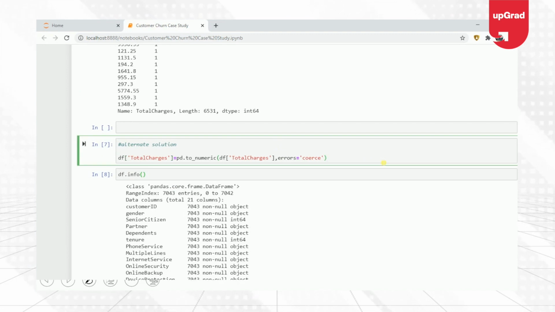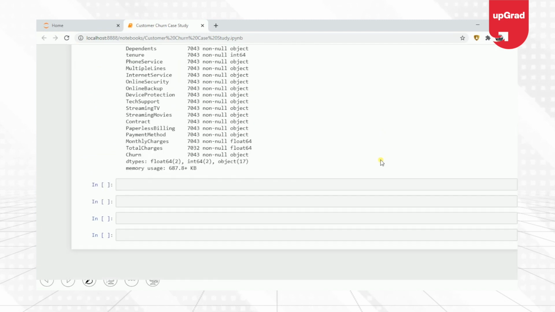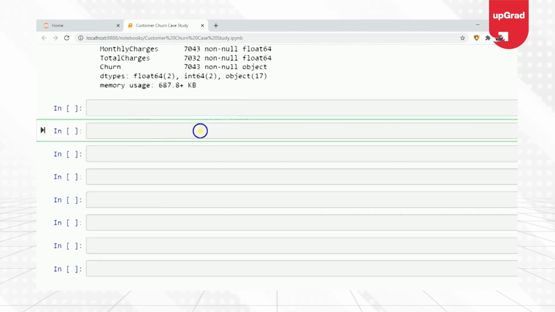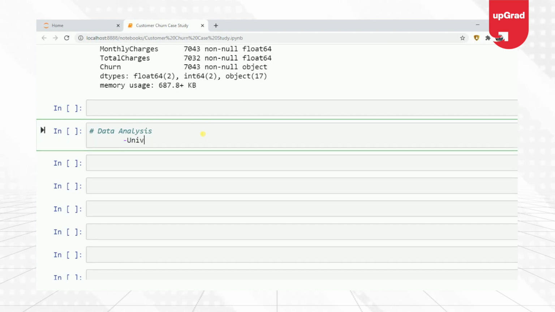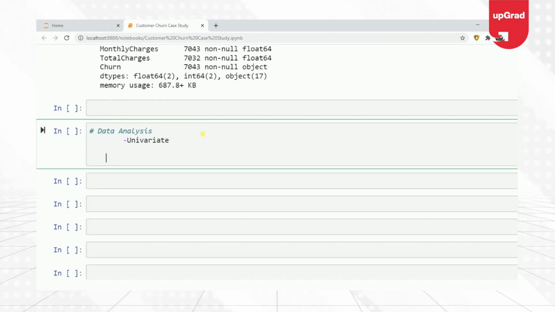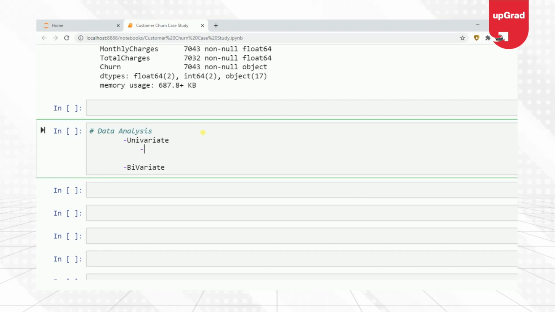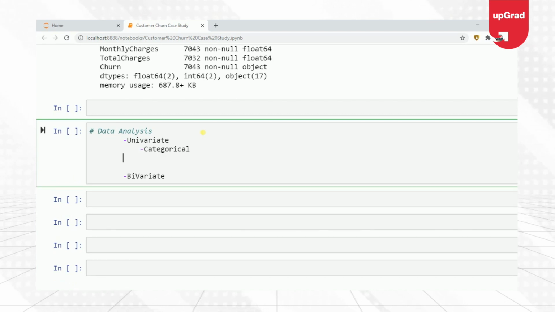Now once we have completed the routine check, let us do some analysis on the data using various analysis techniques. The data analysis that we are going to perform is univariate analysis and bivariate analysis. Univariate analysis can be done on a categorical column or a continuous column.